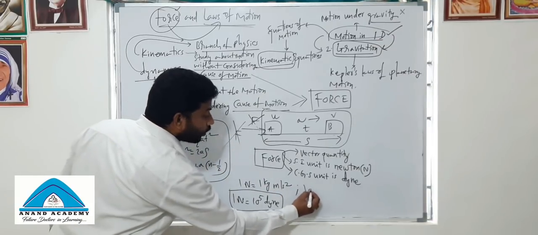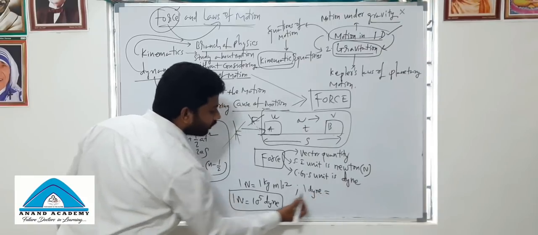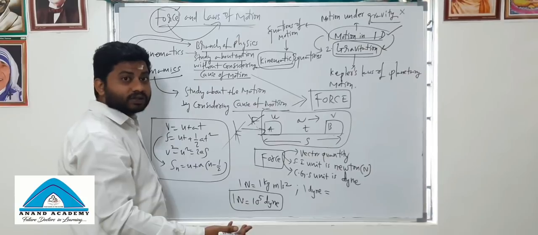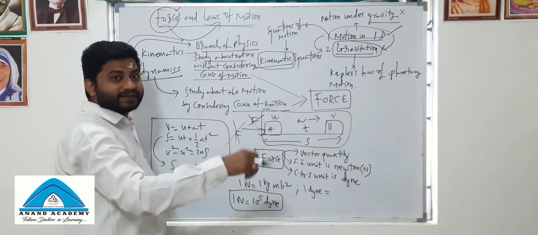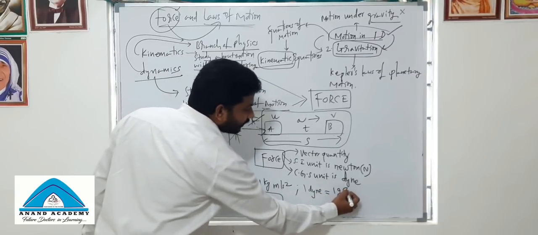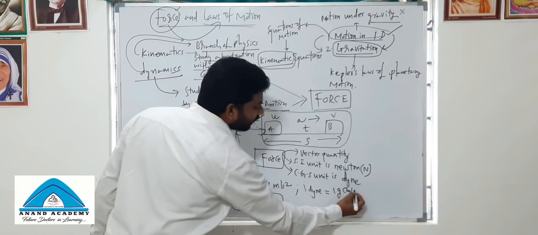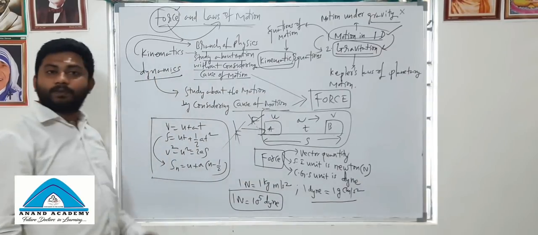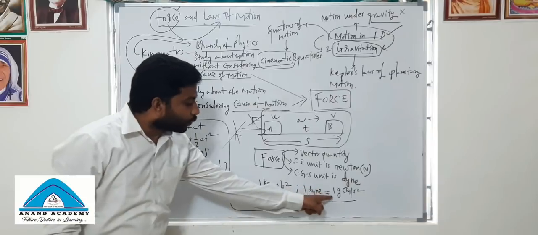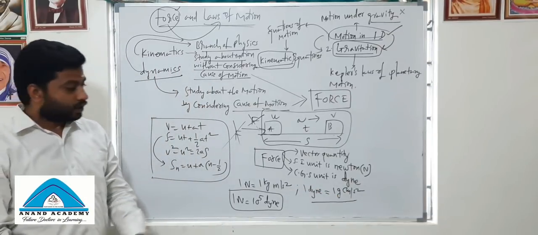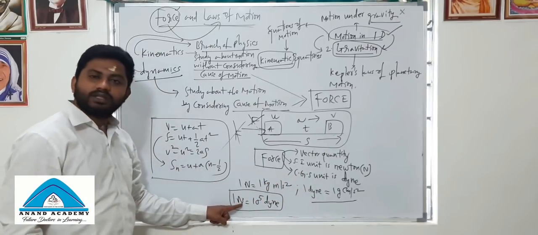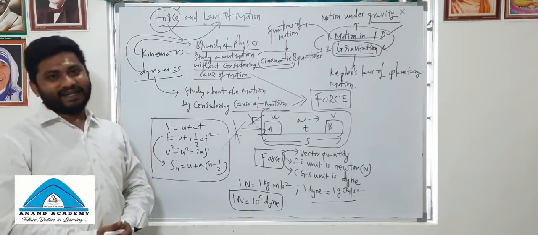CGS unit, I told you, 1 dyne is equal to 1 gram centimeter per second square, because CGS unit mass will be represented with grams, and meter is represented in centimeters. So from both these two expressions, I can write 1 Newton is equal to 10 raised to 5 dyne.